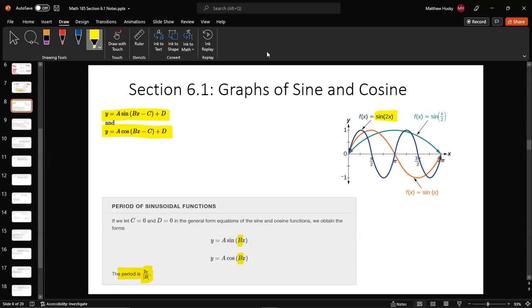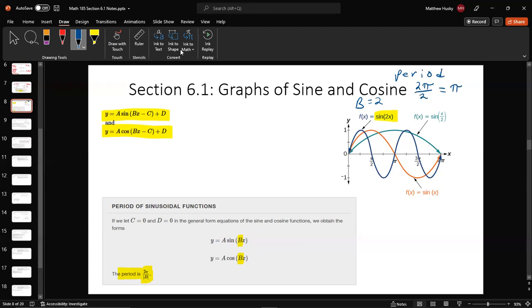So for this function here, we've got this orange one, which is the standard graph. For this one, you have sine of 2x. This would mean that B is equal to 2, and this would mean that it has a period of 2 pi over 2, also known as pi.